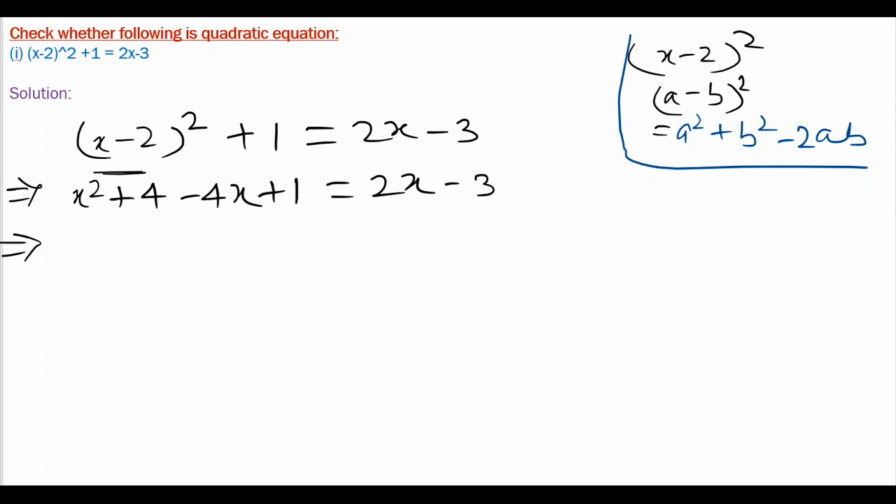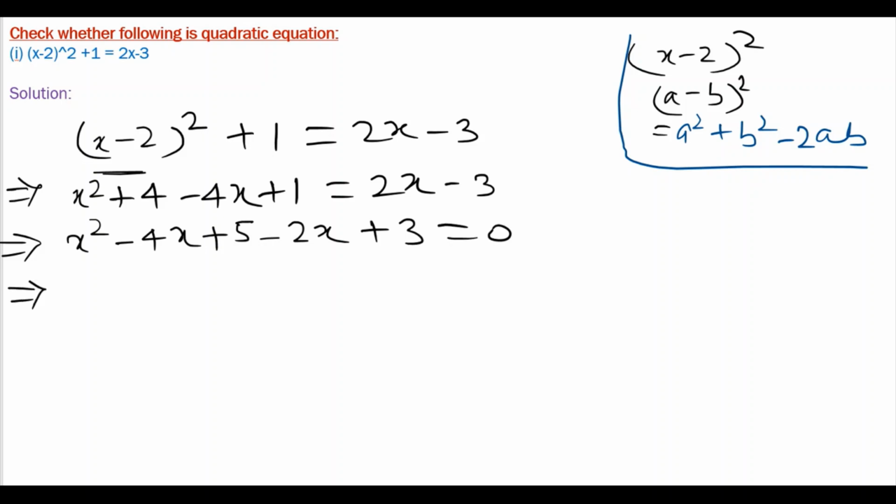Okay. So now you see x square minus 4x plus 5, right? Plus 4 plus 1, 5, minus 2x plus 3, right, is equal to 0.